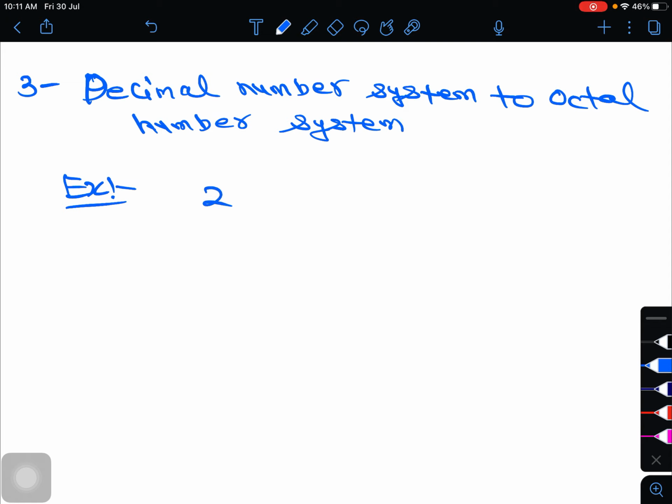Suppose I have taken 243. It is given in decimal number system and we want to convert it into octal number system.